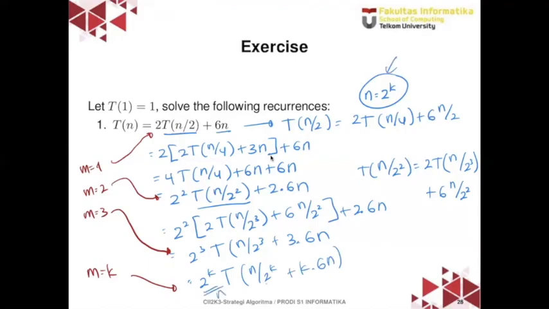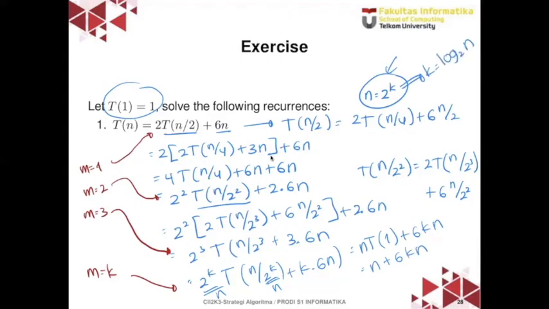This is equal to n, so that we can have n T(1) plus 6kn, which is equal to n plus 6kn, because we know that T(1) is equal to 1. And from here, we know that k is log base 2 of n.